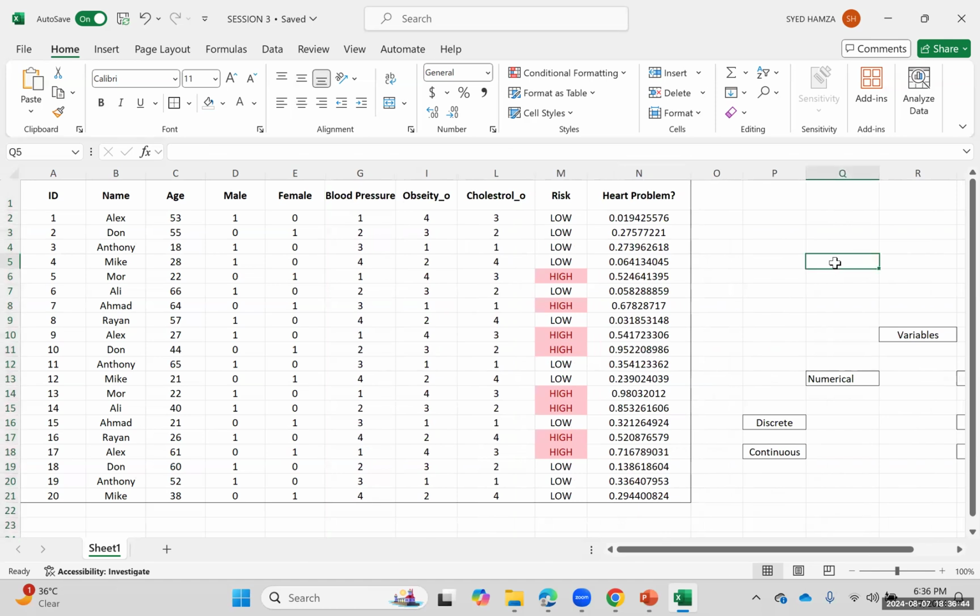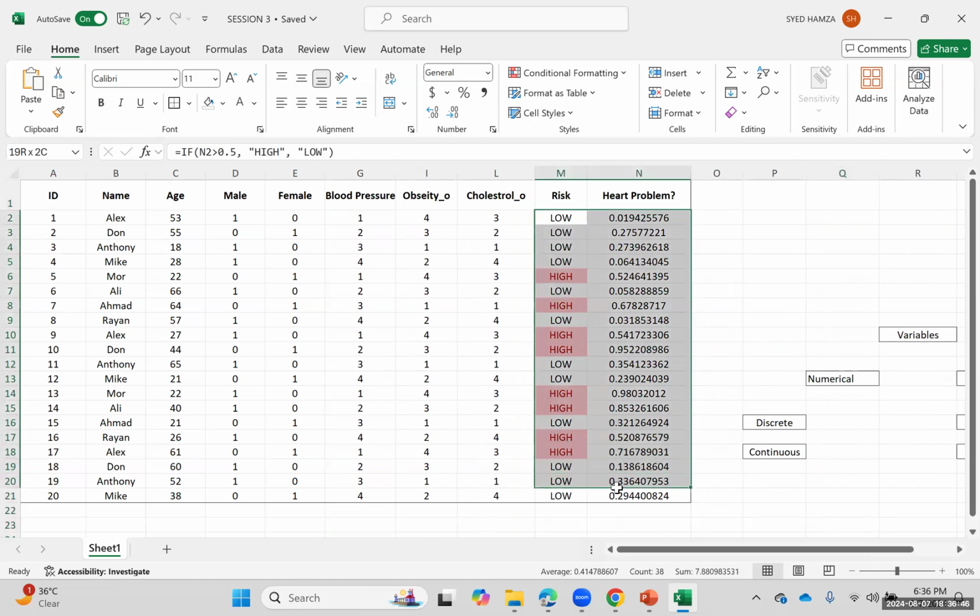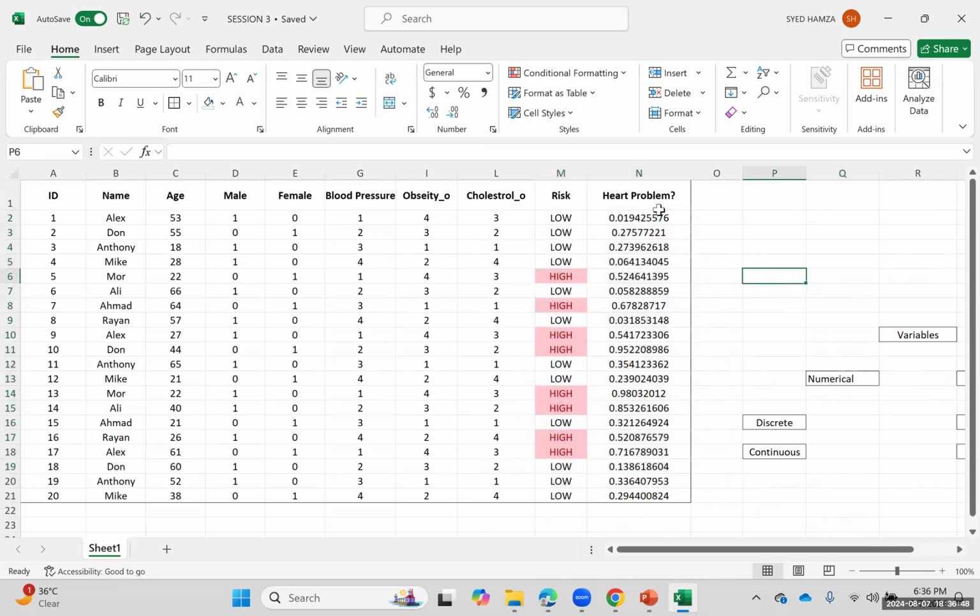So this is what you get, and that's your target variable, what you're going to predict in terms of probabilities you want, or you want to get low or high in that case. So this is the first thing.